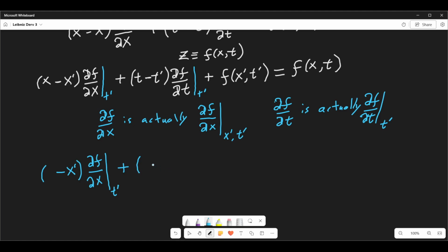And t prime is a constant. The derivative with respect to t, evaluated at t prime, is a constant. This function of x prime, t prime, that's a constant.